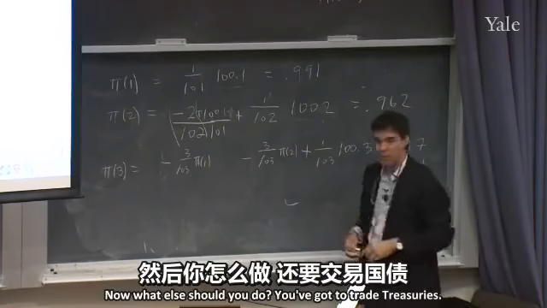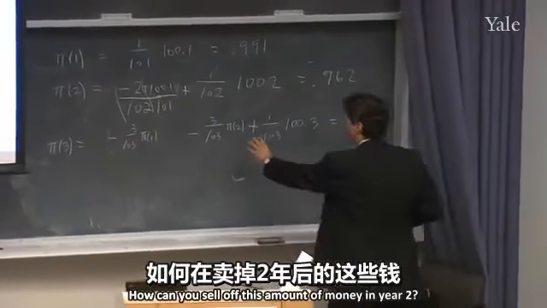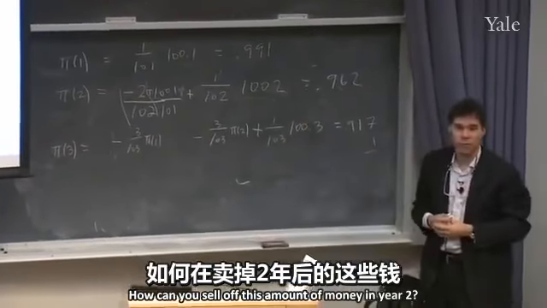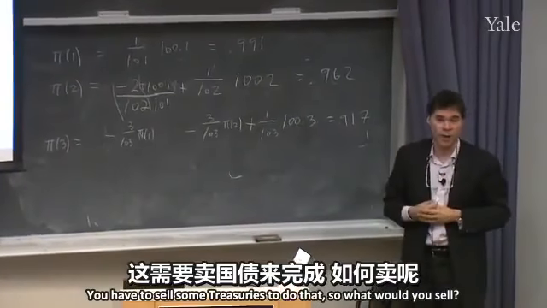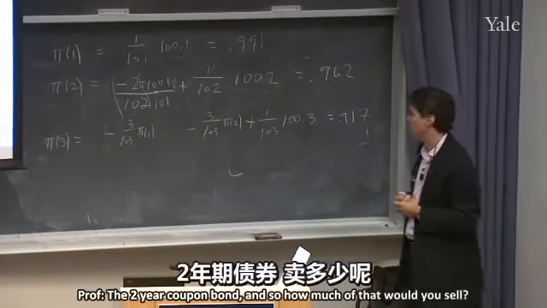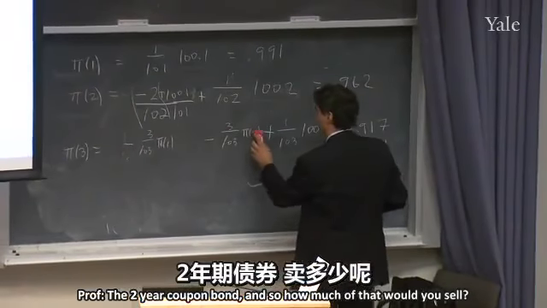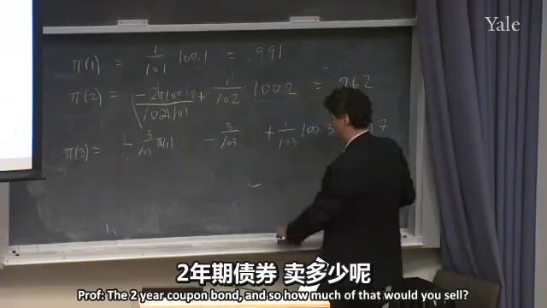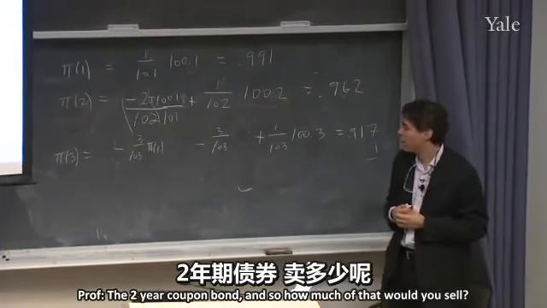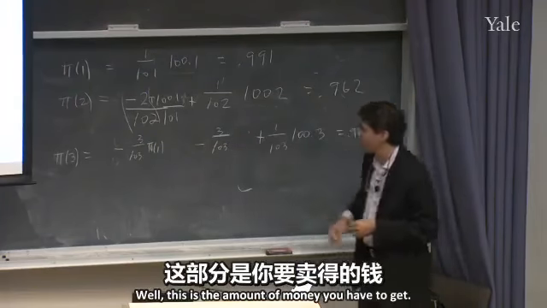Now what else should you do? You've got to trade treasuries. How can you sell off this amount of money in year 2? You have to sell some treasuries to do that. So what would you sell? The 2-year coupon bond. And so how much of that would you sell? Well, this is the amount of money you have to get.